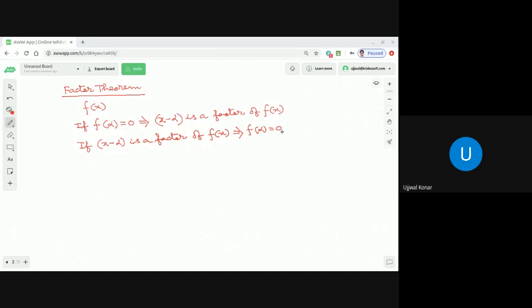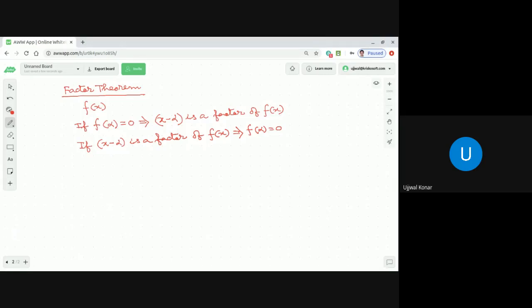Both are true. If f(alpha) is equal to 0, then you can say that x minus alpha is a factor of f(x). And on the other way, if someone tells you that x minus alpha is a factor of a polynomial f(x), then you can conclude that f(alpha) has to be 0.